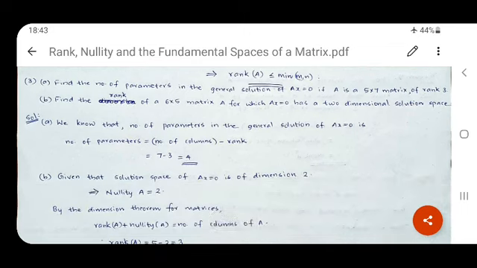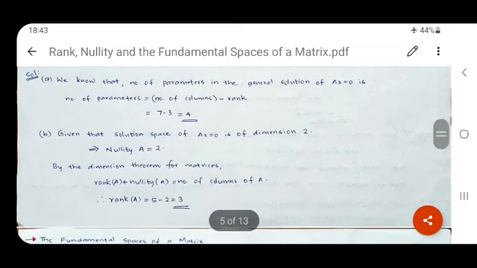For part B, the given solution space is of dimension 2, which means the nullity is 2. Therefore, by the dimension theorem for matrices, rank plus nullity equals the number of columns. Therefore, rank equals the number of columns minus nullity, that is 5 minus 2 equal to 3.